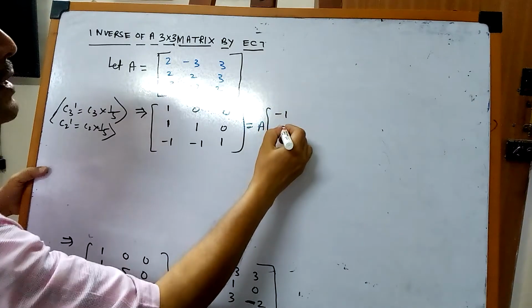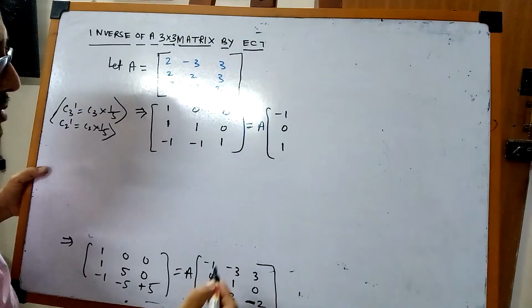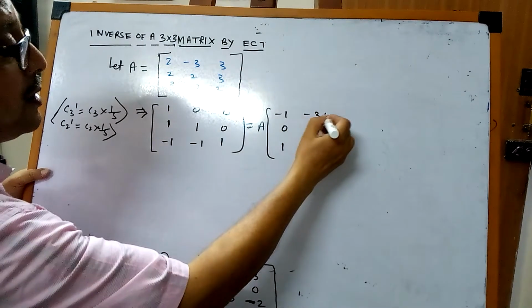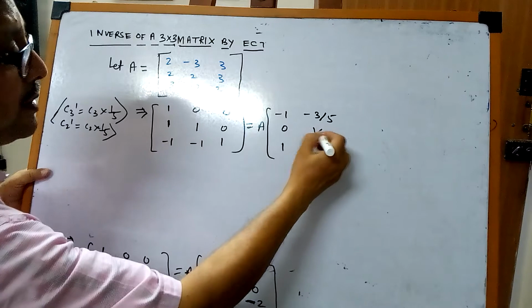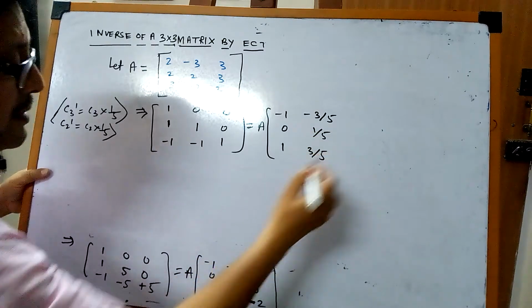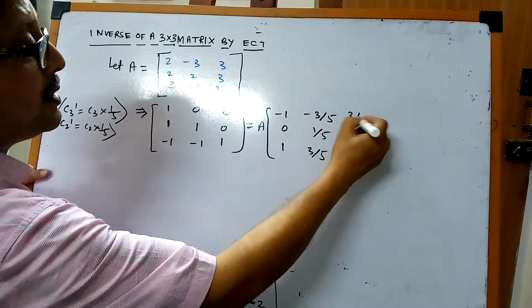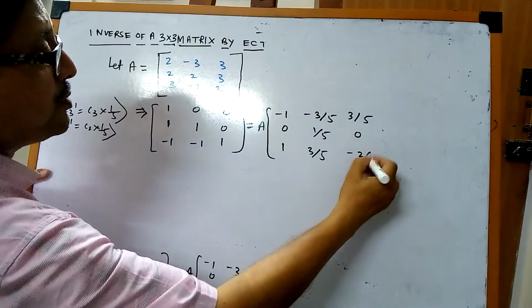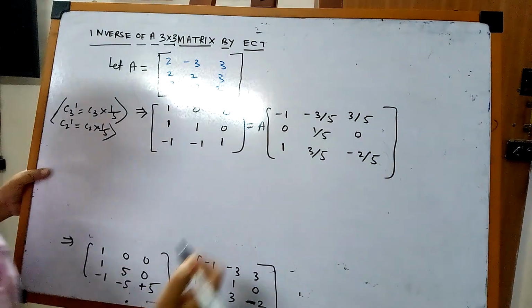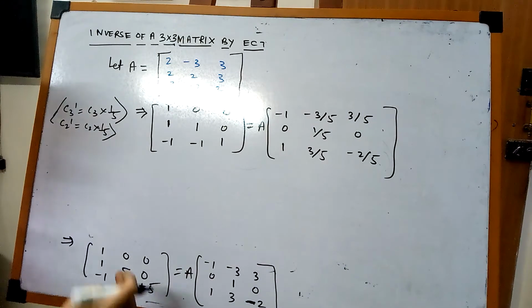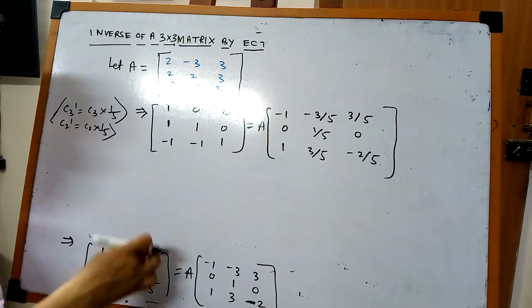This is changed to minus 1 0 1, minus 3 by 5, 1 by 5, 3 by 5, 3 by 5, 0, minus 2 by 5. Alright, divided this column by 5, this column also by 5.